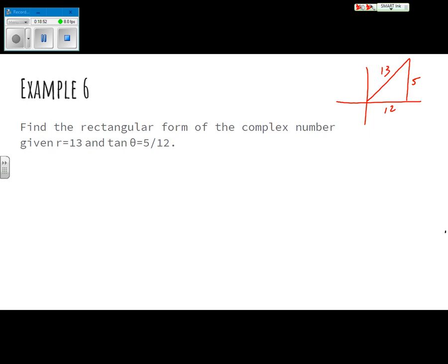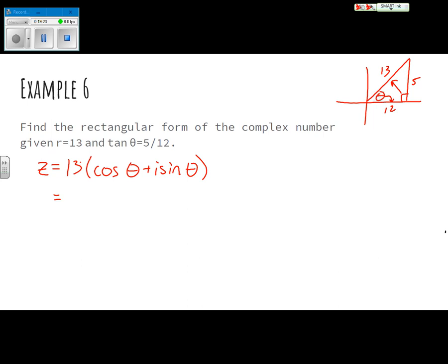Okay, so I want to get this into polar form first, because they weren't even nice enough to give me a polar form on this. So my radius goes on the outside. Cosine of this theta right here. Well, cosine of that theta is going to be adjacent over the hypotenuse, so 12 thirteenths. Oops. Let me just do this first.